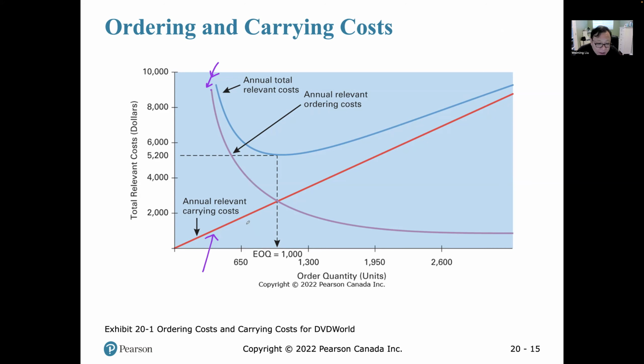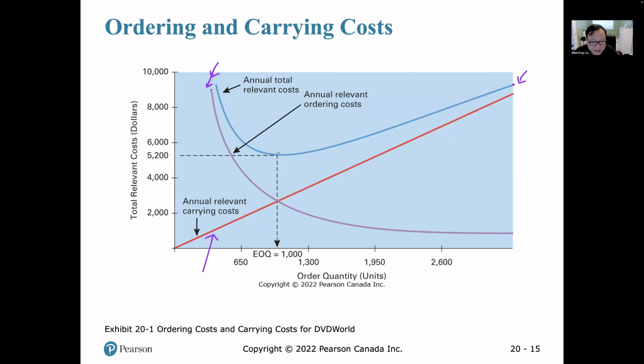So when you add the red line and the purple line, when you add these two lines up, that's your total cost. You get this blue line. So this blue line is your total cost. And then you can see this total cost looks like a Nike mark, right? It's like a check mark.